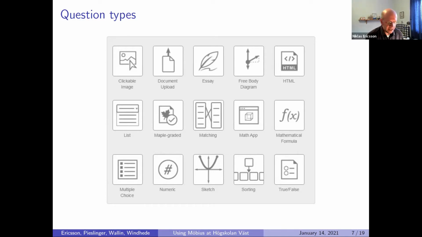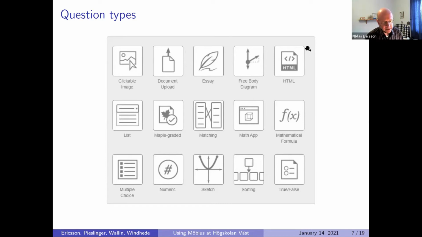Maybe I could mention just a few other, a little bit more advanced question types that I personally would like to learn more about. This math app is also based on Maple. It is simply that we embed a Maple worksheet in the question, and then the student can work with this worksheet, and the submitted answer is based on the current state of the worksheet.